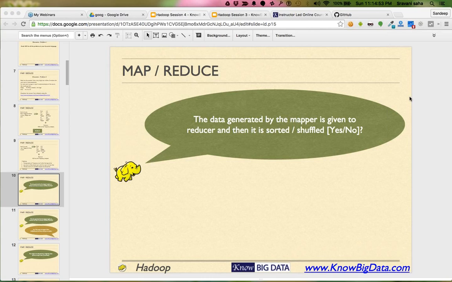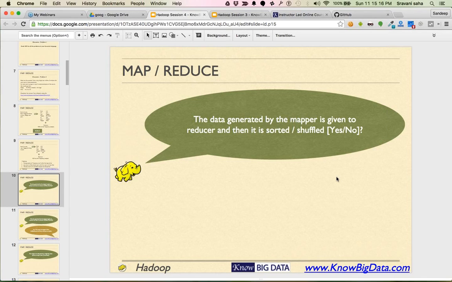The data generated by the mapper is given to the reducer and then it is sorted or shuffled. Yes, no? Sridhar says no. Let me repeat the question: the data generated from the mapper is first given to the reducer and after that it is sorted.